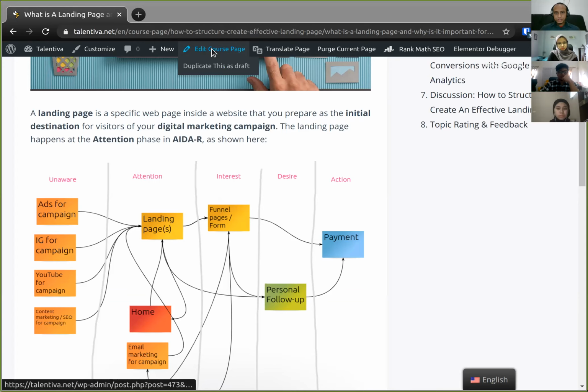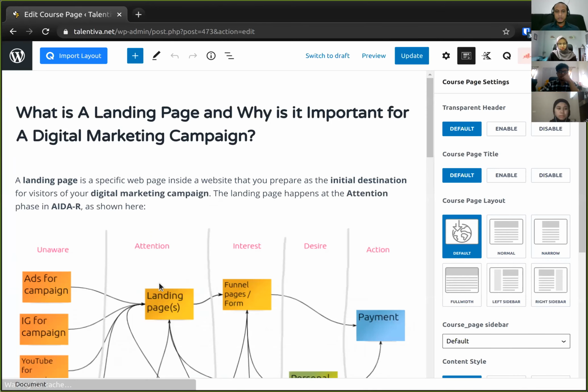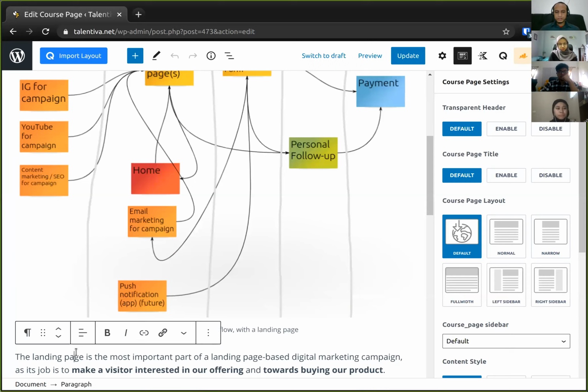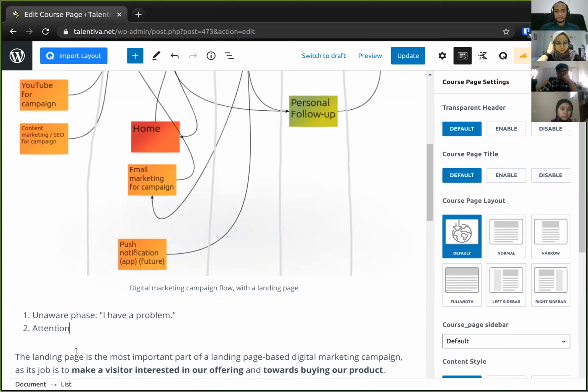Okay, so if I can share what the user is thinking during each phase. During the unaware phase, the user is thinking, I have a problem, okay? And then during the attention phase, the user is thinking, what is this?